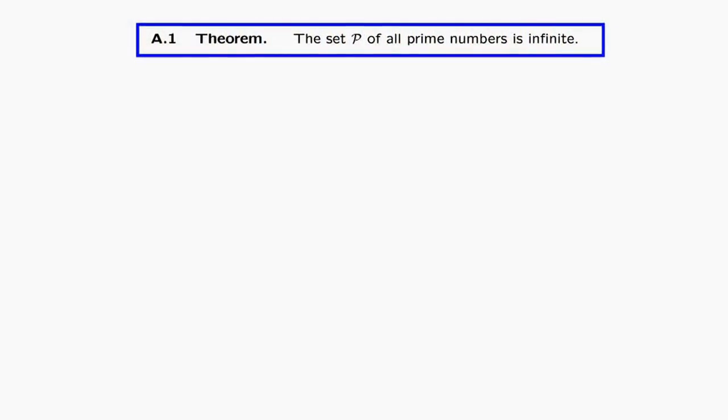So without further ado, let us give an example of a proof by contradiction. The example I will use dates back over 2,000 years to Euclid and is a very small variation of the method that Euclid used.